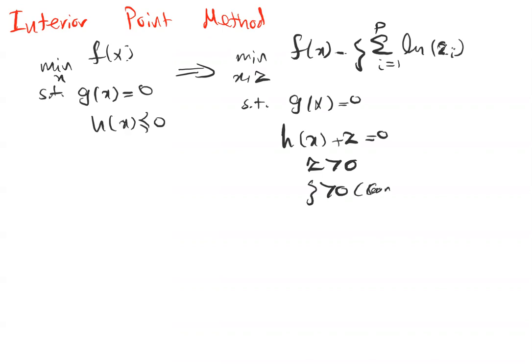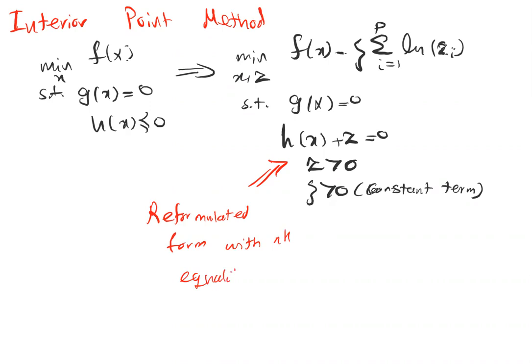Zeta is a constant term. Then based on this, we rewrite the KKT conditions and solve the optimization problem. So this is the reformulated form with all equality constraints.